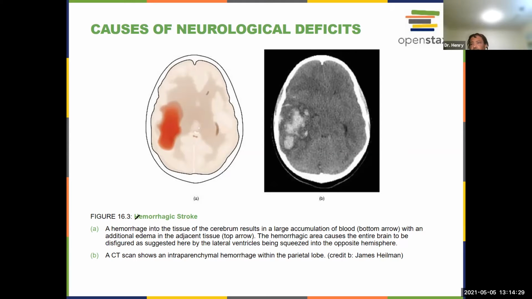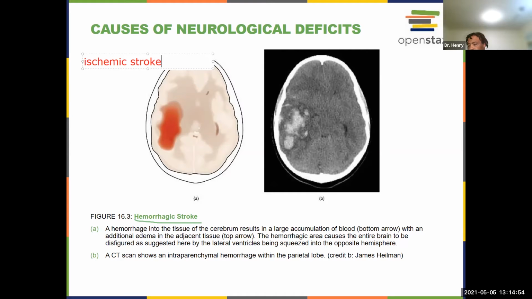The other type of stroke is an ischemic stroke. In this one, the vessels are also being clogged. An ischemic stroke can be transient, happening over a small period of time, where you get a small clog but eventually it goes through.